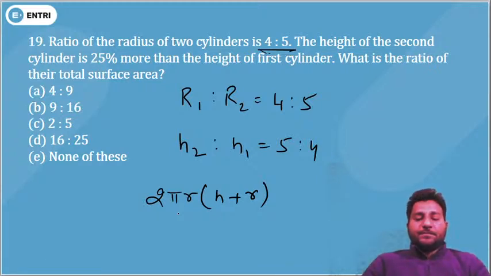Tell me, anyone who knows how to solve this question. Ratio of radius of two cylinders, the height, 16 by 25.